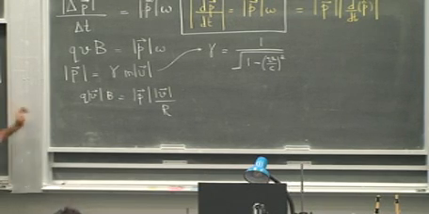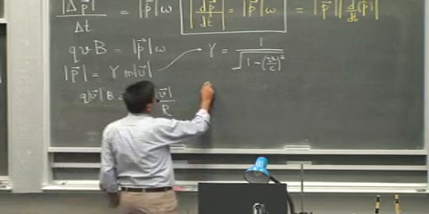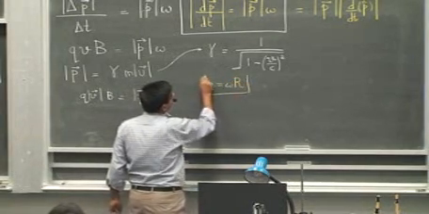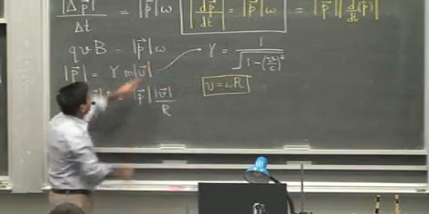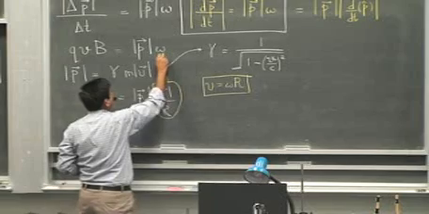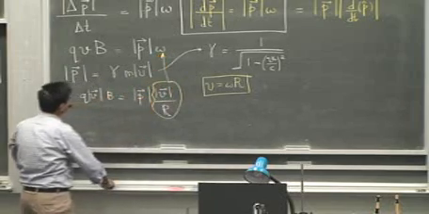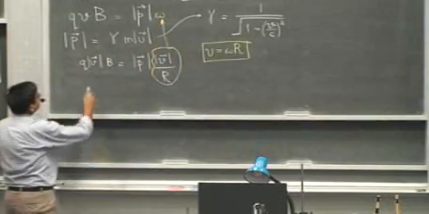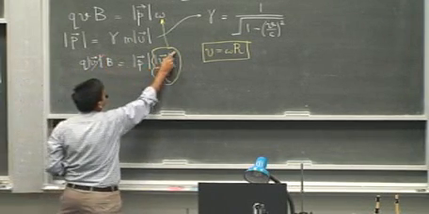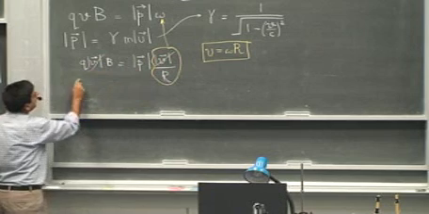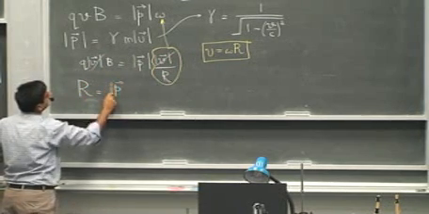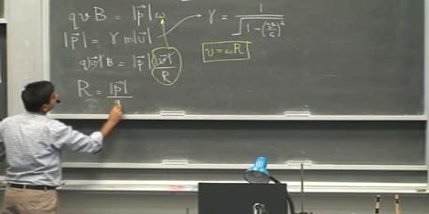So you know this formula: v equals omega r. Okay, so omega equals v over r. I can replace this omega by v over r. So when I make this replacement, this v simply goes away, and I'm left with r equals p over qB.